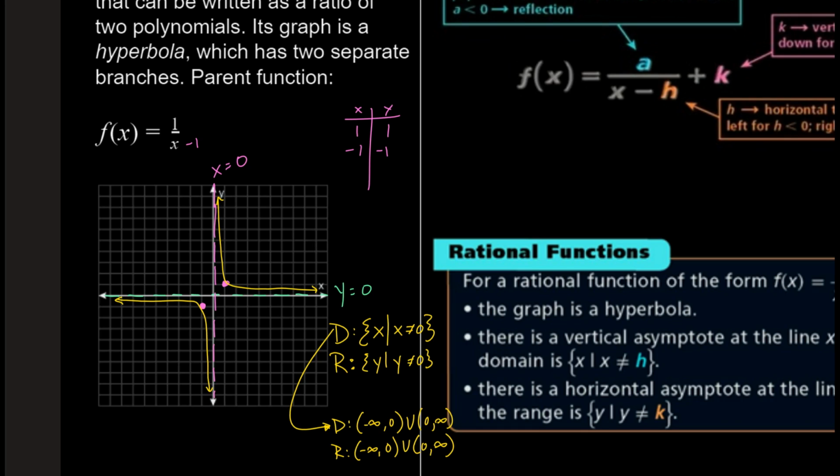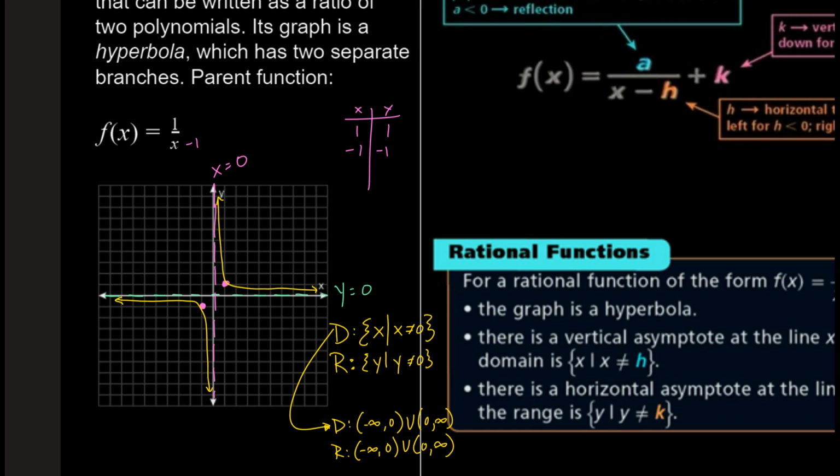Where is the number compared to the x? Directly after the x. Makes it move left or right? Left and right. Also, the h value also determines the horizontal translation.